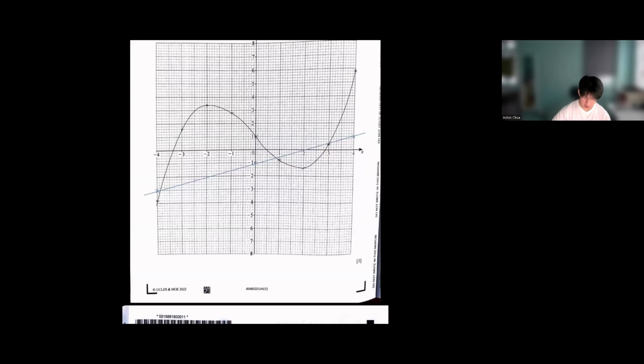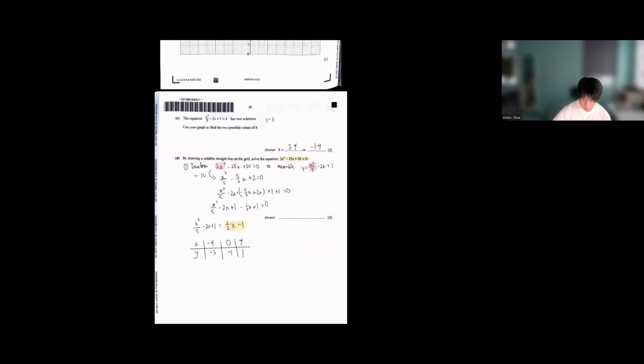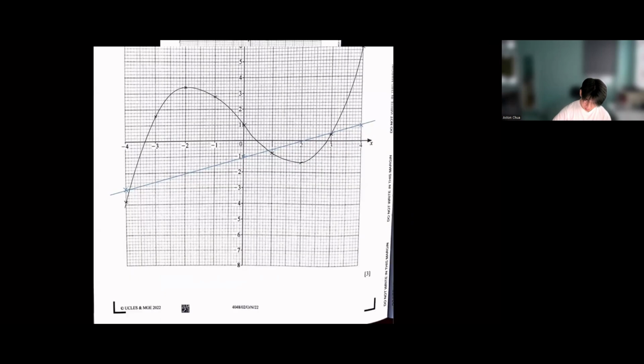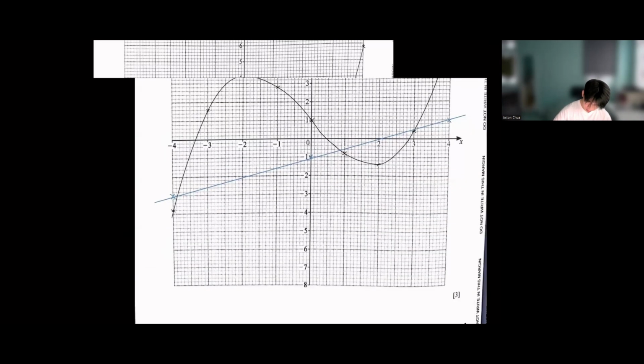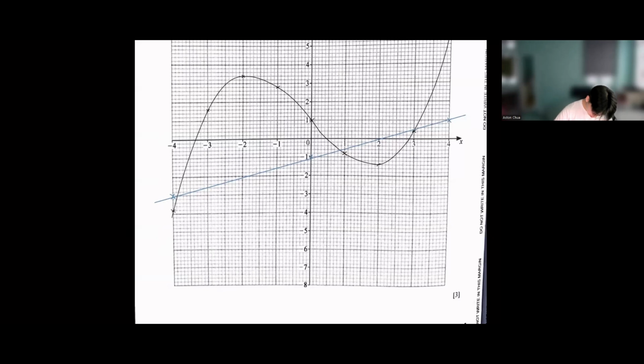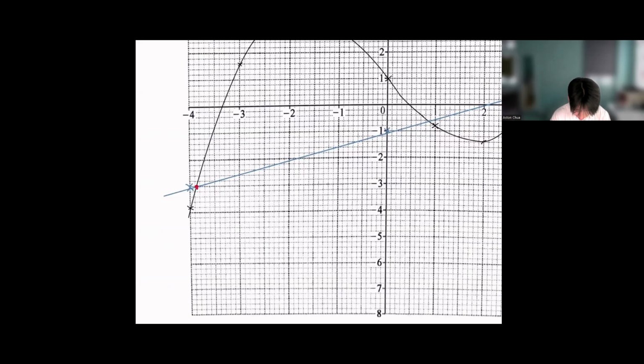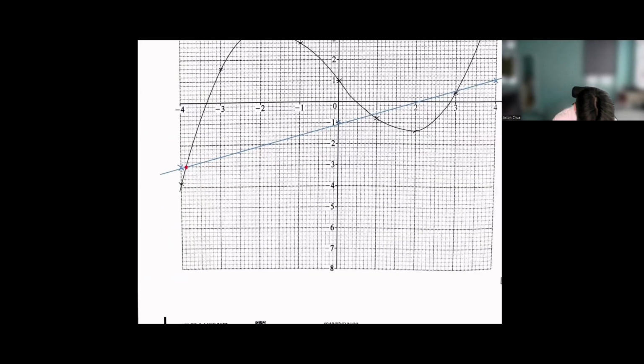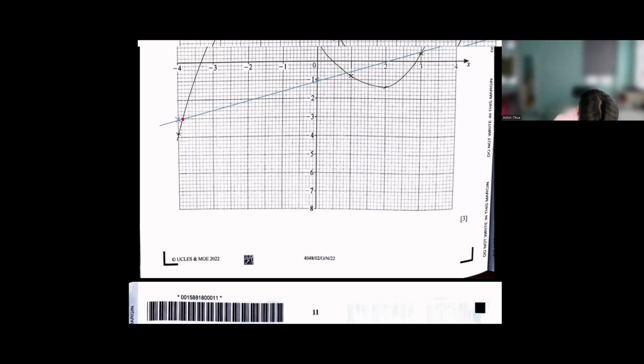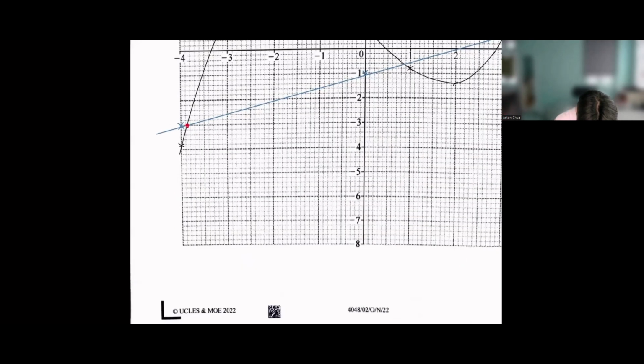So we can see that we have 3 solutions to the equation. So the points are this over here. For this point, your x is around minus 3.